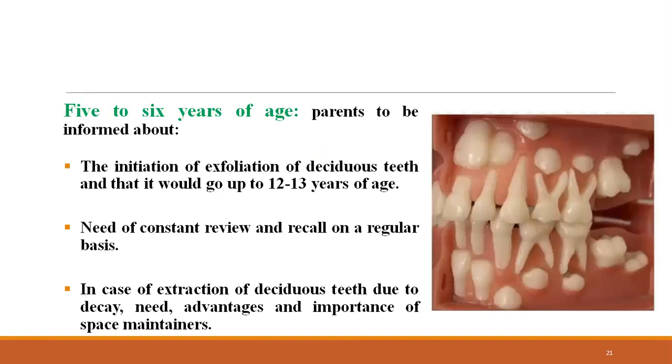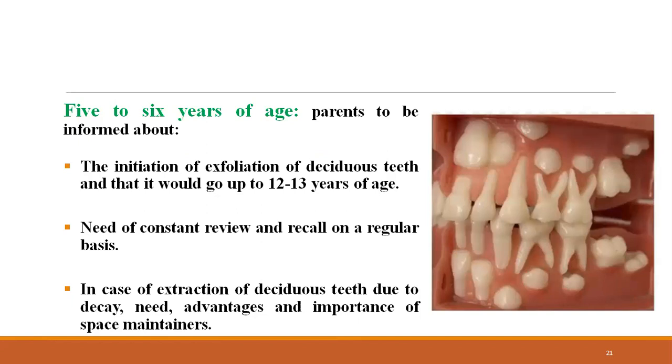At 5 to 6 years of age, parents are to be informed about the initiation of exfoliation of deciduous teeth, which goes up to 12 to 13 years of age, because at 6 years of age the first permanent molar generally erupts and exfoliation generally starts with the lower anteriors.